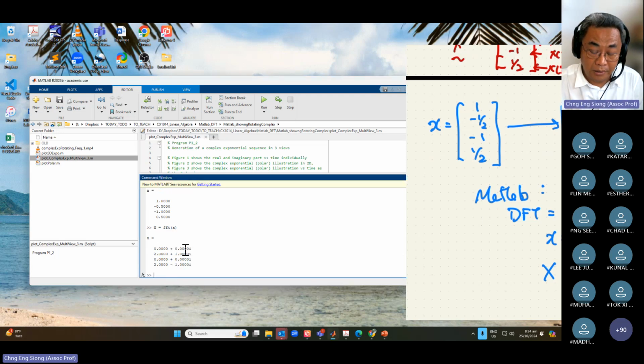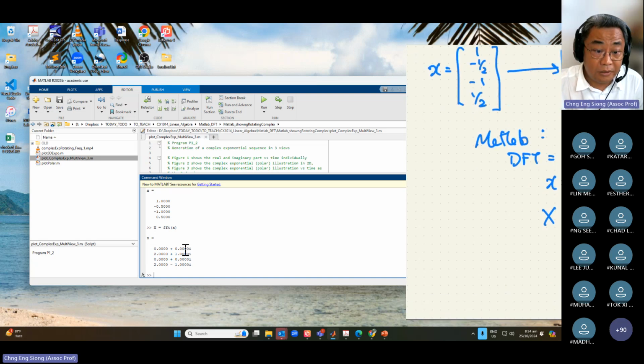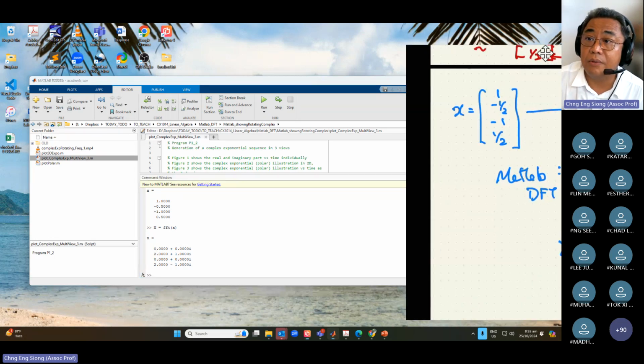It gives me a vector: 0 plus 0i, 2 plus 1i, 0 plus 0i, and 2 minus 1i. So it gave me the answer in rectangular form.